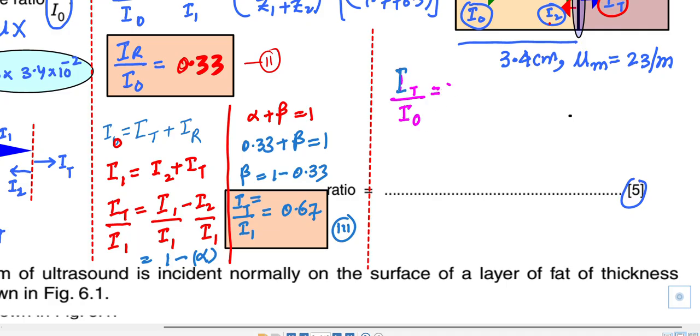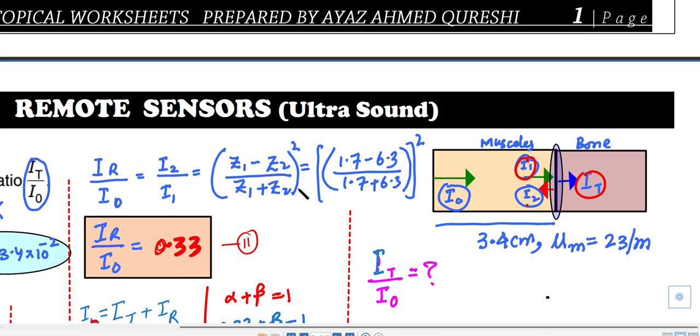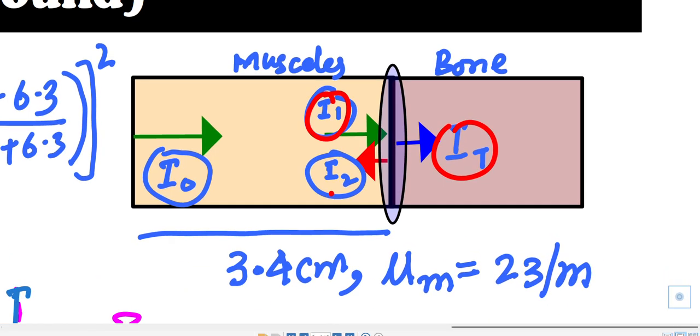This is my task. As I told you, for these types of questions you have to go the reverse way. IT is coming out of I1, and I1 is coming out of I naught. So yes, you can go in this way in the reverse order.